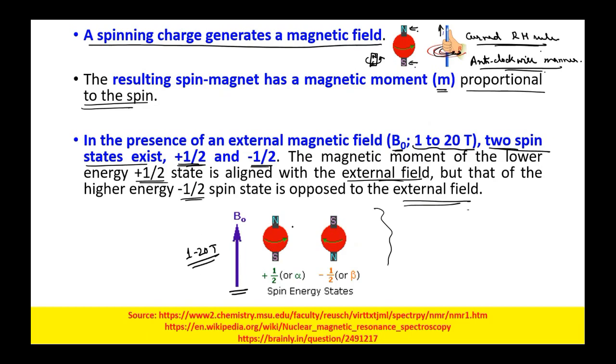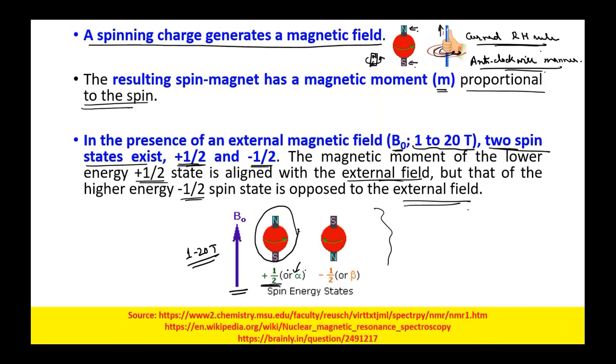Now, if you consider the first proton, you have the north pole on the top and the south pole at the bottom, and it is spinning in the anti-clockwise manner. In this way we have a plus half spin state, also called the alpha state, and it is the low energy state.